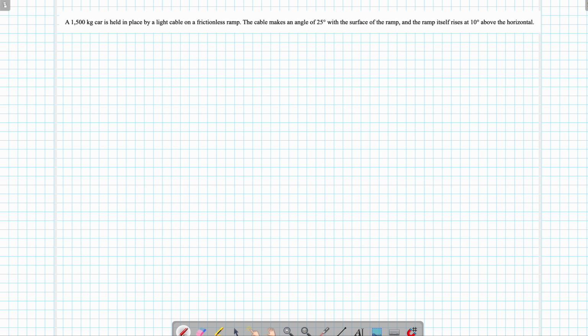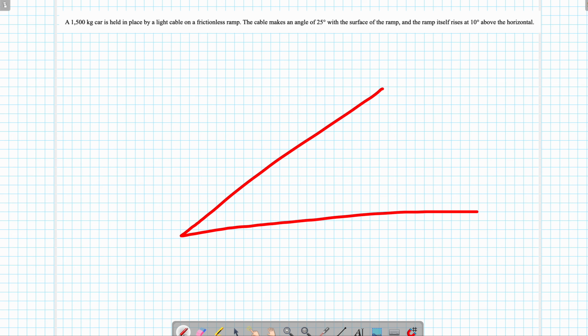First, let's draw the surface. They said it rises 10 above the horizontal, so this angle is 10. And then there's tension, and that makes 25 degrees with the ramp. So this is 25. Okay.